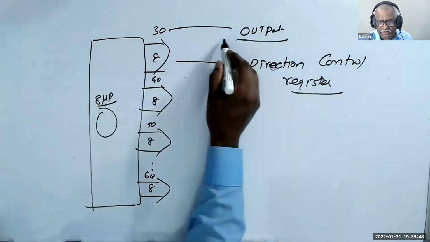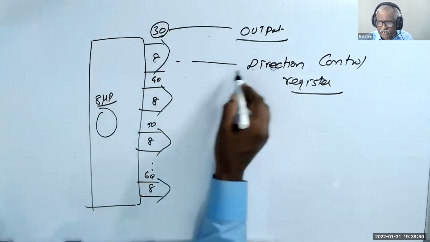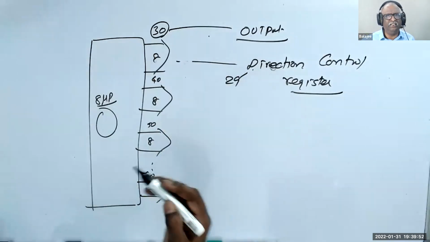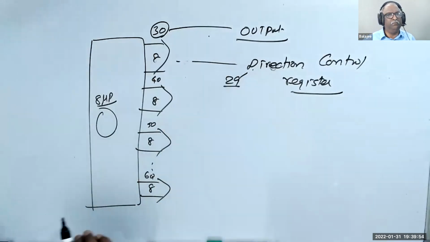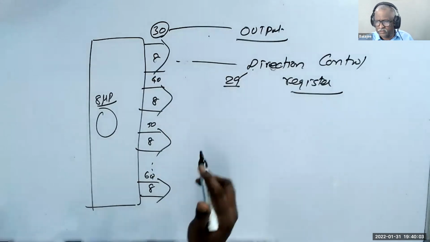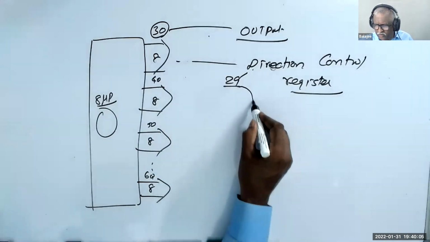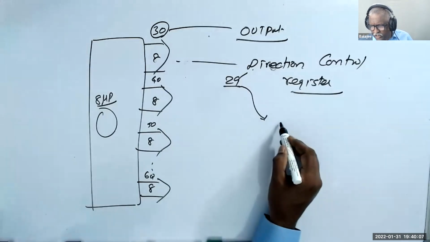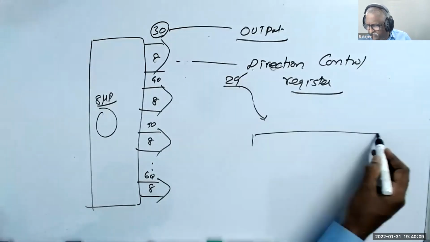So there will be 2 addresses. One is 30, and the direction register could be 29, whatever it is. That depends on the manual and on the manufacturer. Now, the trick here is, when I have 29, I write to 29. This is 8-bit once again.